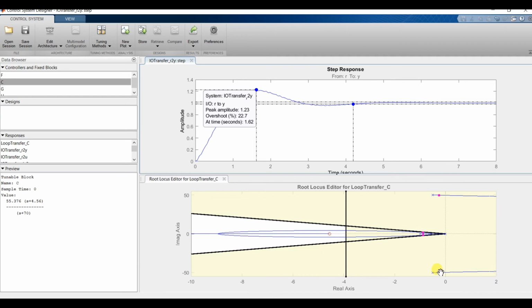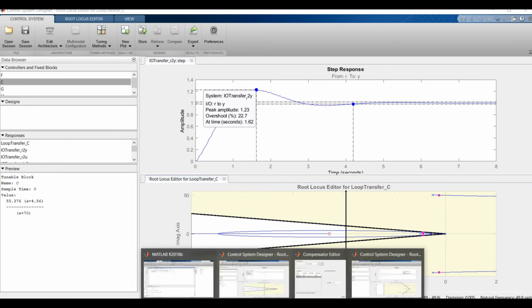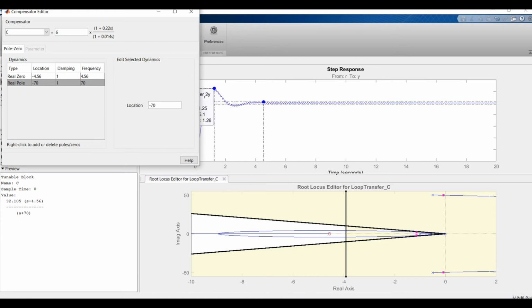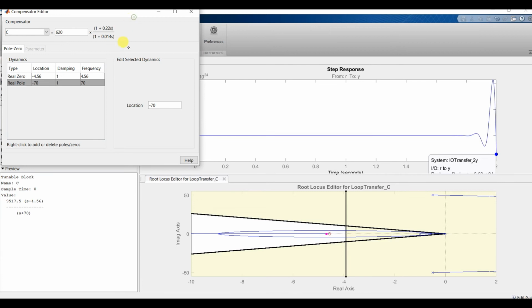I can try to increase the gain in order to decrease the settling time. Let's see what happens. Let me increase it over here. Instead of 3.67 in this format, I can try to have 6. Let's see what happens with 20.